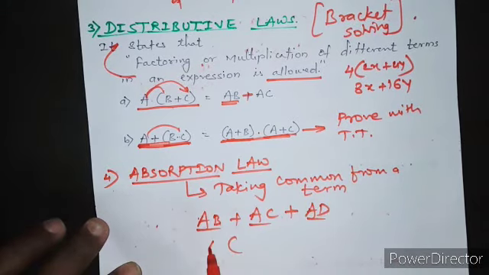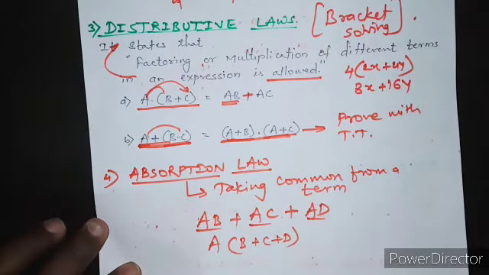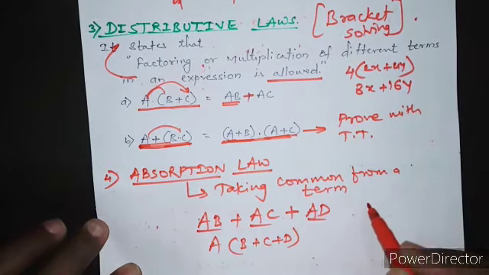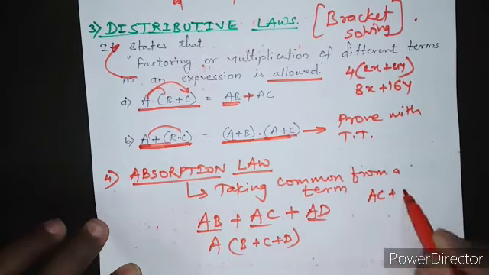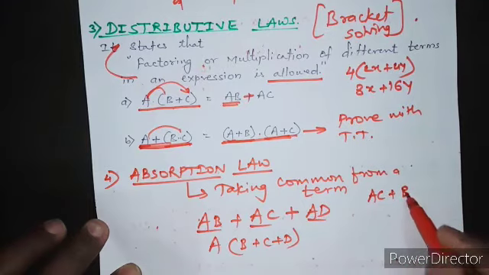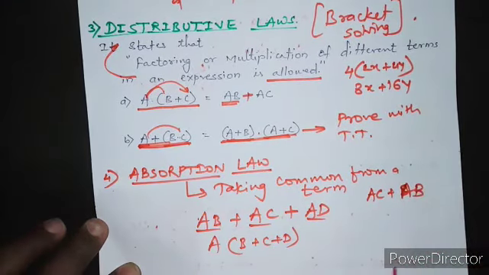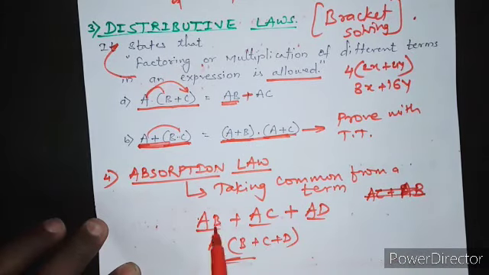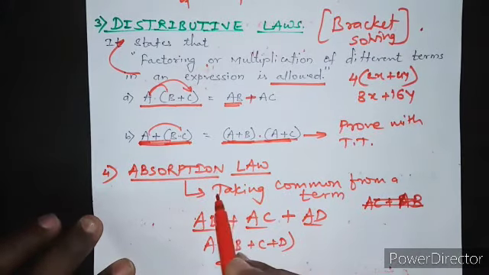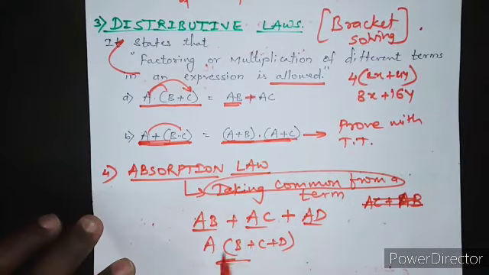So this becomes A(B plus C plus D). I have absorbed this. Or said in another way, if I have AC plus AB, same here. So taking common, you just have to find which term is common, and this step of taking common is very important for Boolean algebra.